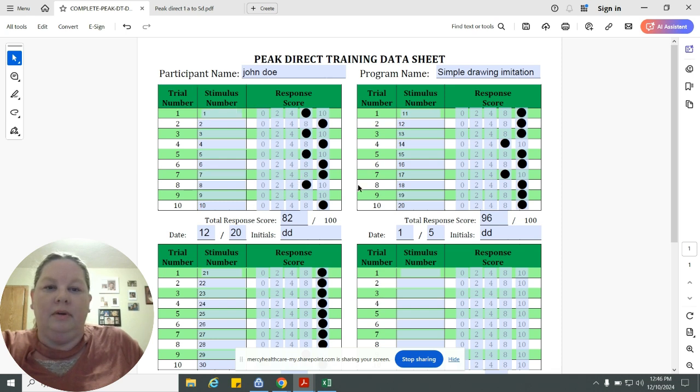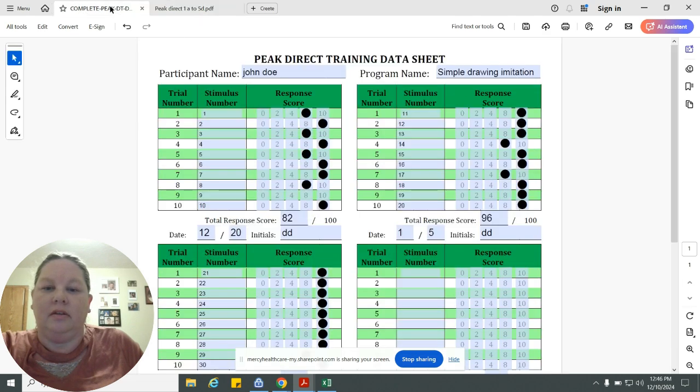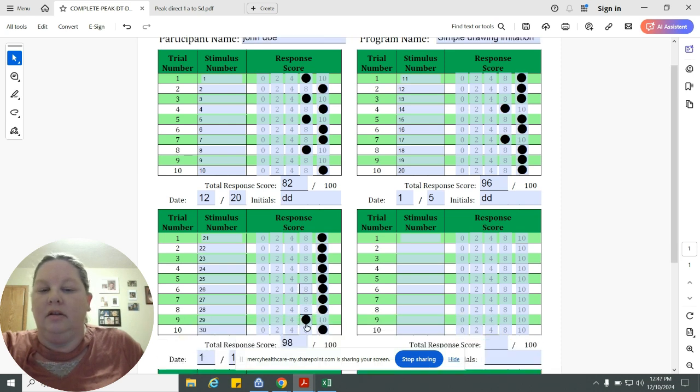I put in mock data here so we had some to look at. In this data set, we can see that we had a couple 8s in there. When we go back in here, it's actually the smaller objects that this individual is struggling with. Then we can go back through here, see again which ones they're struggling with, and then here if they're still struggling.